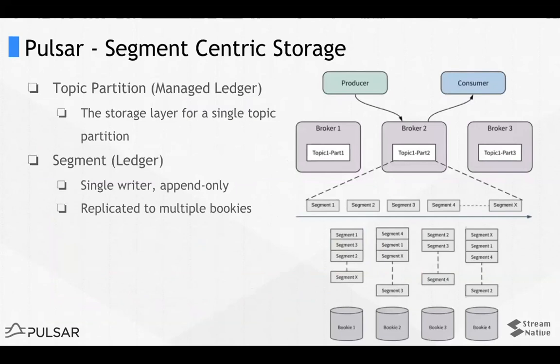The second point is that, similar to most messaging systems, in Pulsar you have the concept called a topic, and the topic is partitioned into partitions. But a bit differently, in Pulsar the partition itself is a logical concept, so it doesn't belong to any broker or any storage. The partition is broken into segments, and the segments are distributed, stored and replicated among the storage nodes, so you can evenly distribute all the data across them.